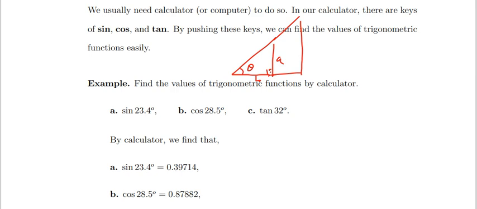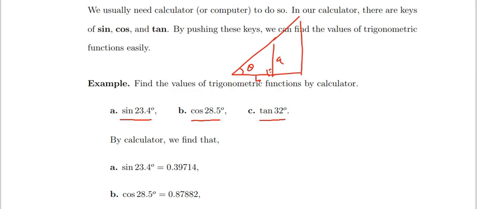This means if we have the angle, then we can find the value of this ratio, or the value of sine, cosine, and tangent. So now we have problems like find the value of sine 23.4 degrees, or cosine of this angle, or tangent of this angle.